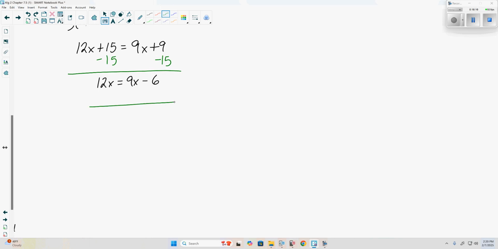So what can we do? We can subtract 9x. 12x minus 9x is 3x equals negative 6. So we divide by 3. X is equal to negative 2.